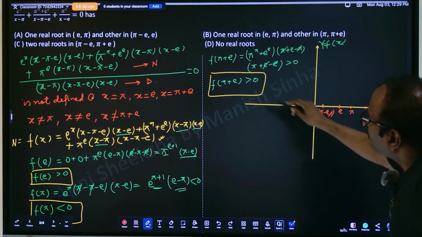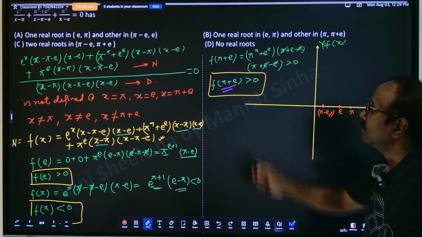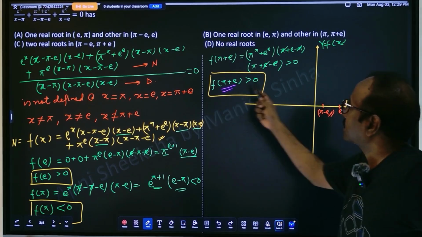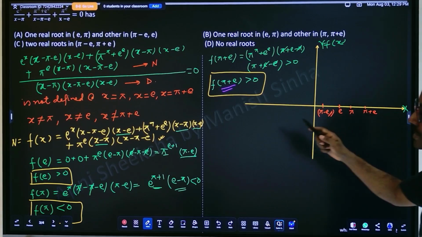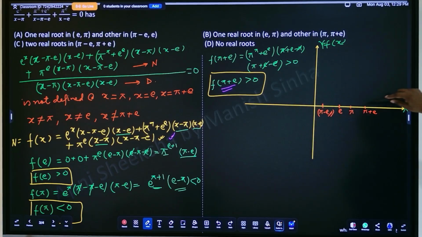So we have f at pi plus e, the numerator is greater than 0 and we are trying to plot this f(x), right? So it is positive, maybe somewhere here.